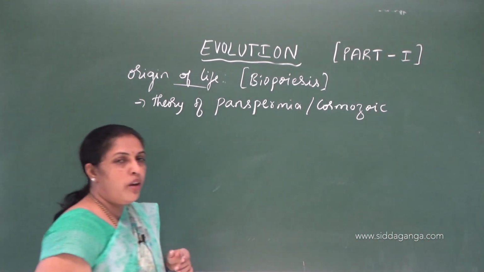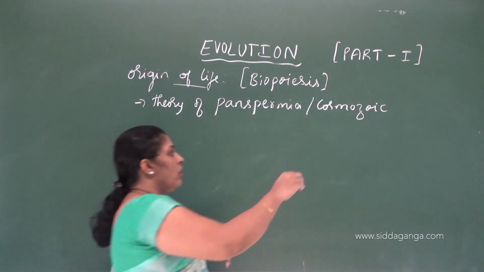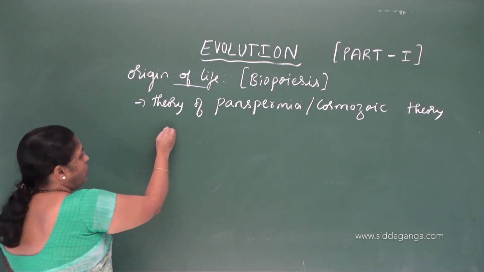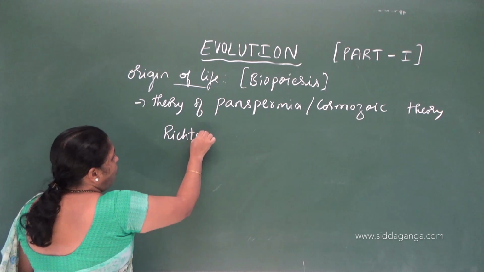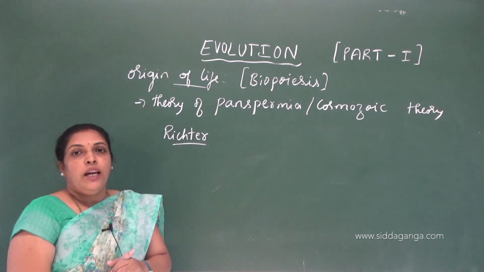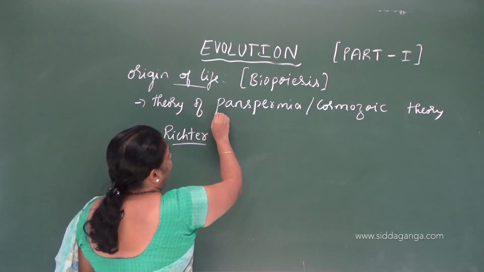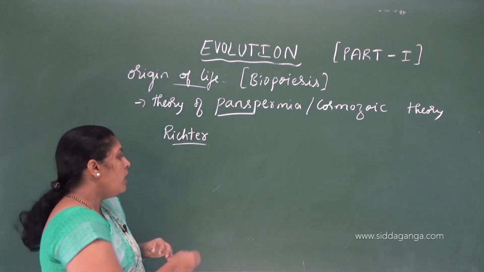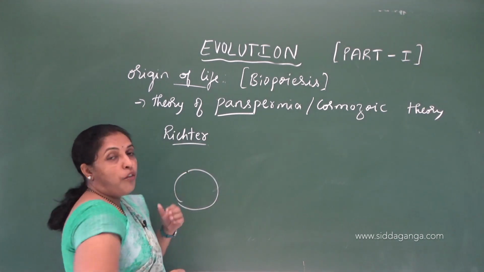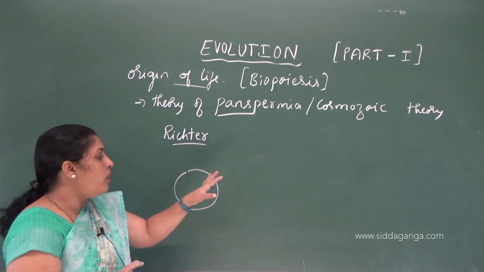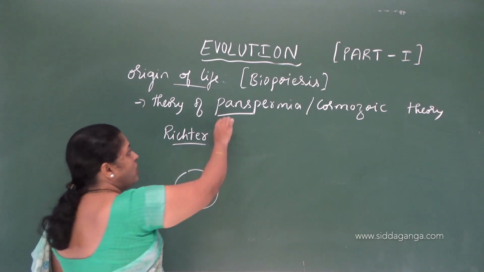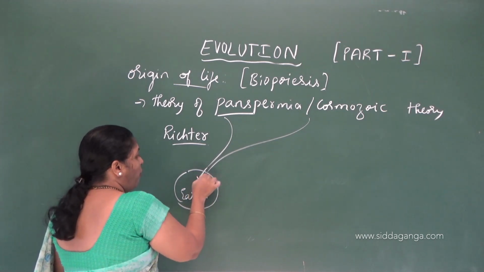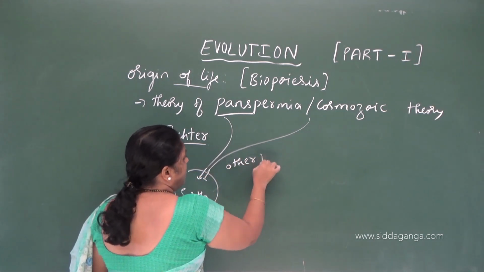Theory of panspermia or Cosmozoic theory was given by Richter. What this theory tells us is that the spores or panspermia or cosmozoa reached Earth's surface from other planets.